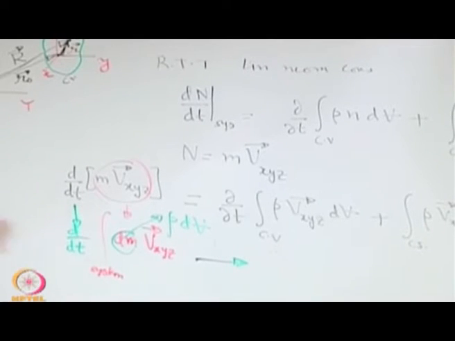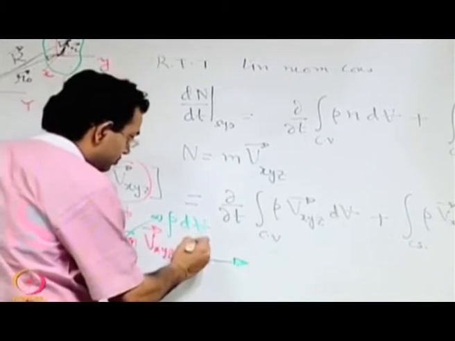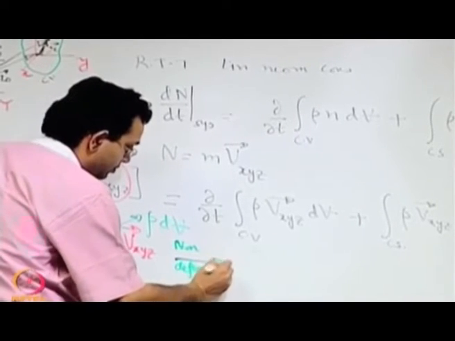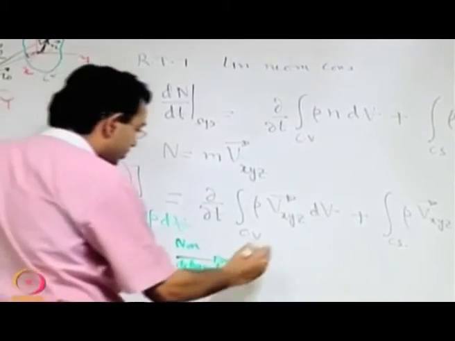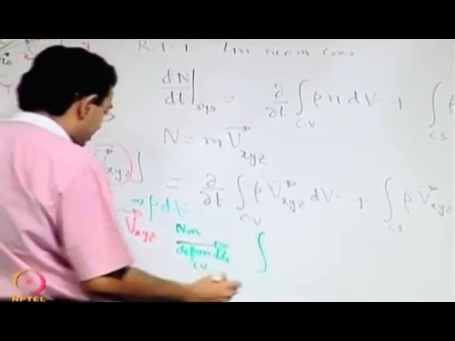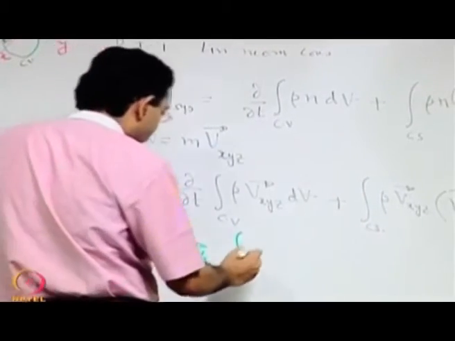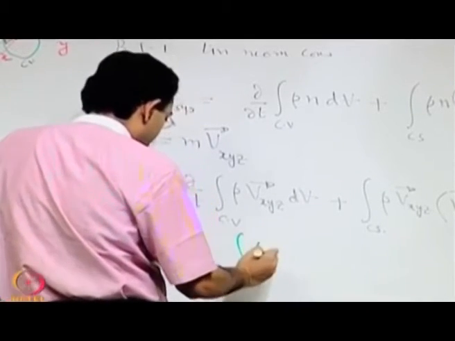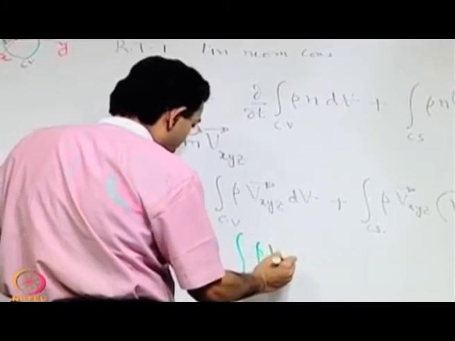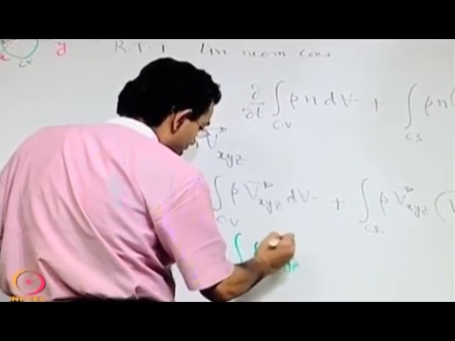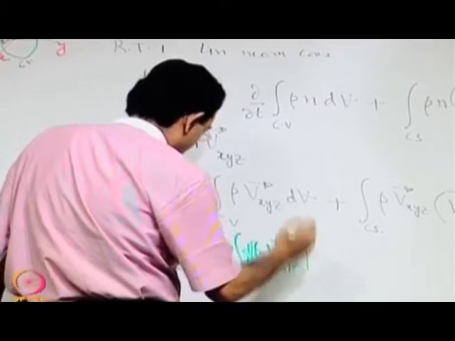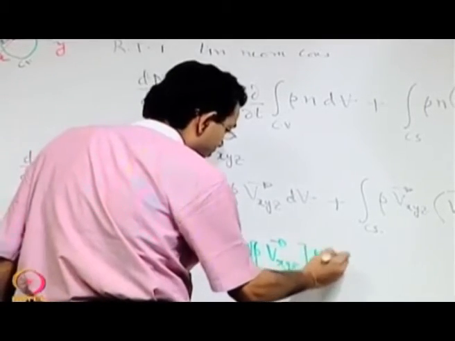So we are assuming that it is a non-deformable control volume. So with a non-deformable control volume, we may write it as integral of rho V small xyz ddt of this one dV.